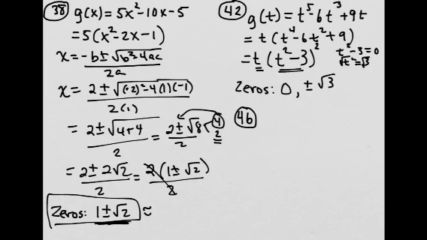Alright, so 46, I did not mean to assign that one, because the process for finding the zeros of this one, even though you covered it last year in Integrated 3, we didn't review it in class because it actually comes in the next section. I guess they're assuming that you're using a graphing calculator and you could find the zeros that way.